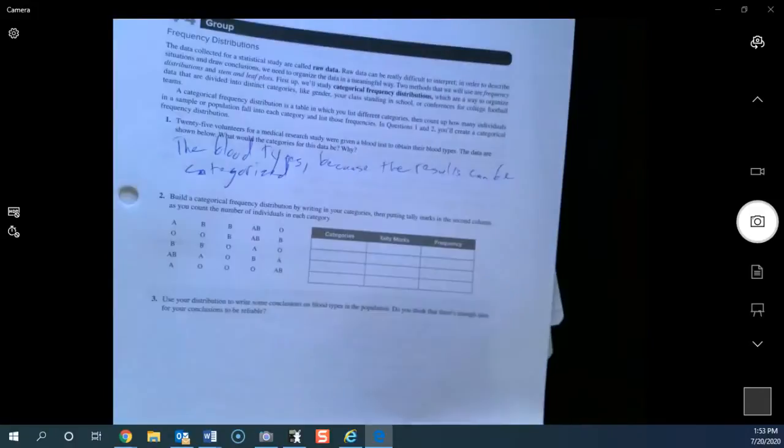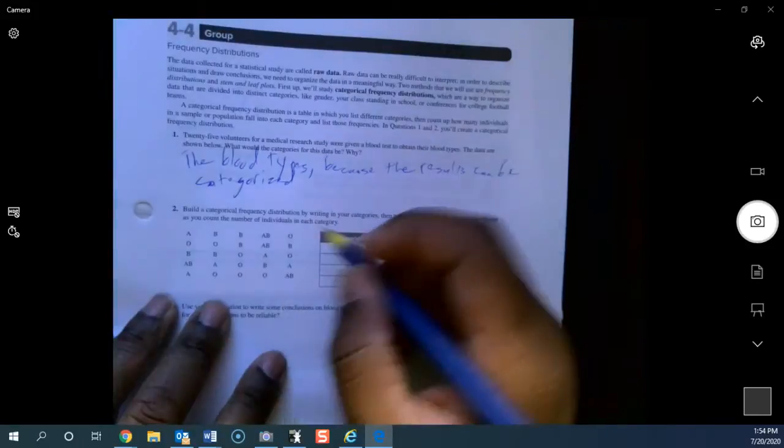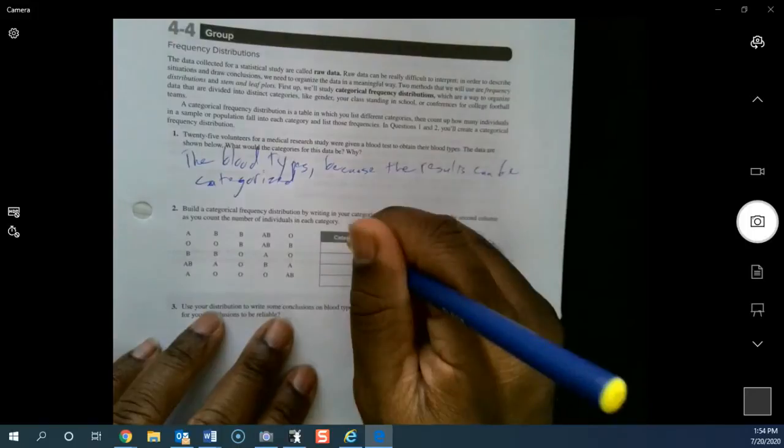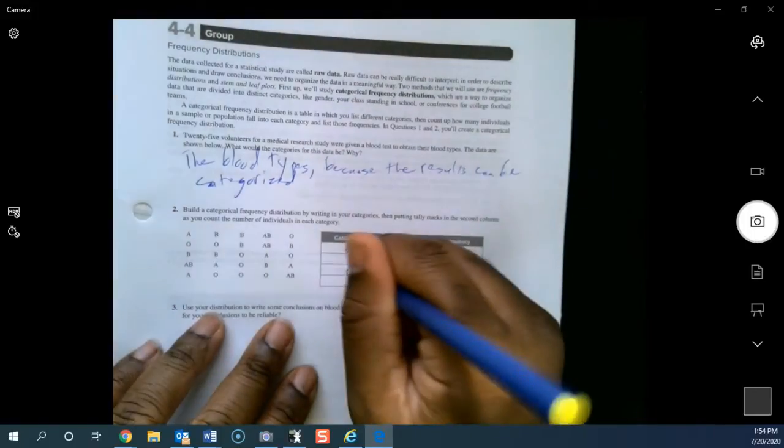Okay, now we get to number 2. It says, build a categorical frequency distribution by writing in your categories, then putting tally marks in the second column as you count the number of individuals in each category. So first thing we want to do is list the different blood types. We have A, B, AB, and also O.